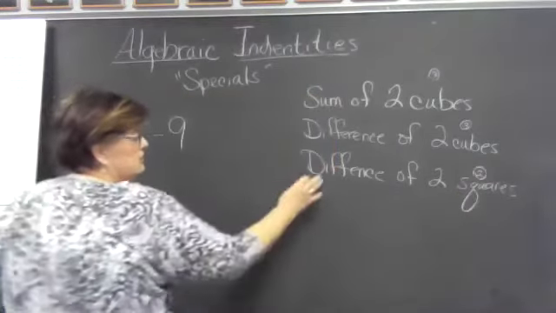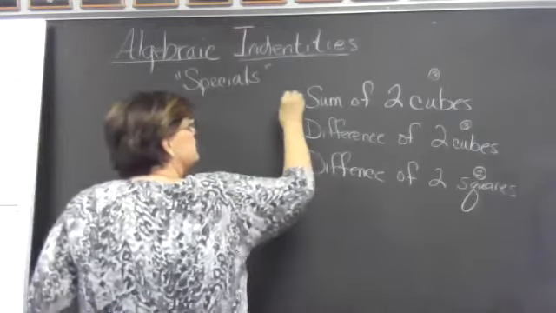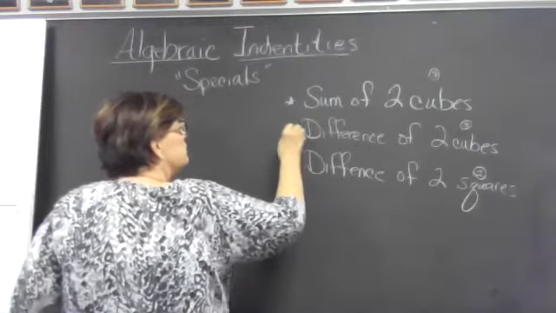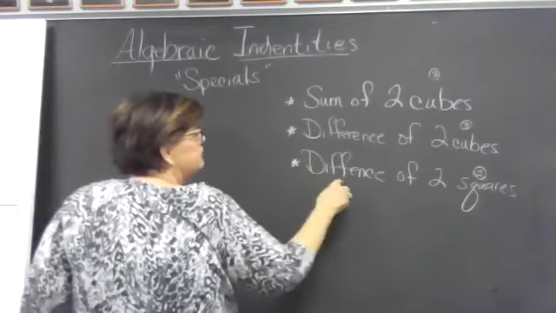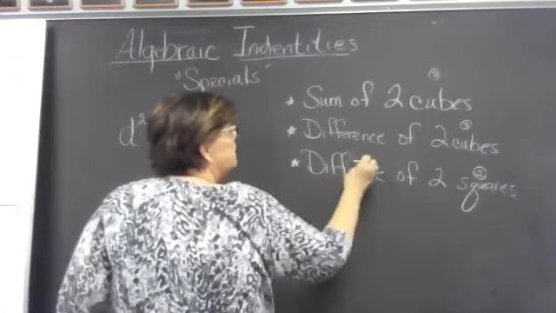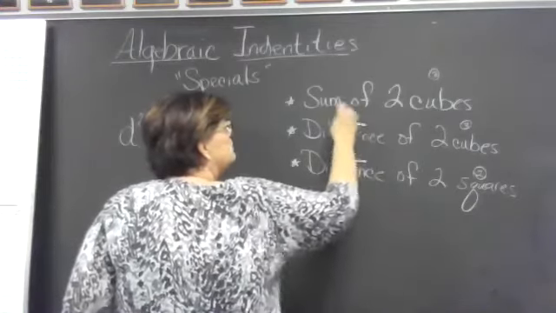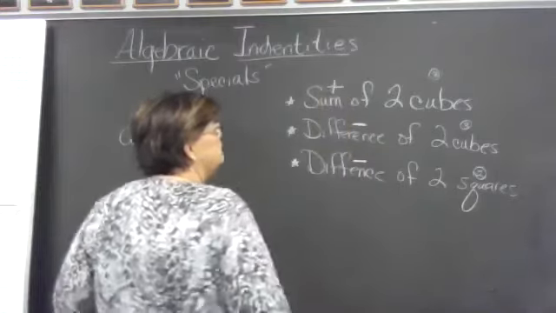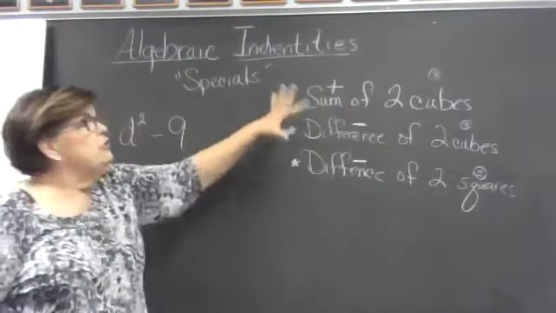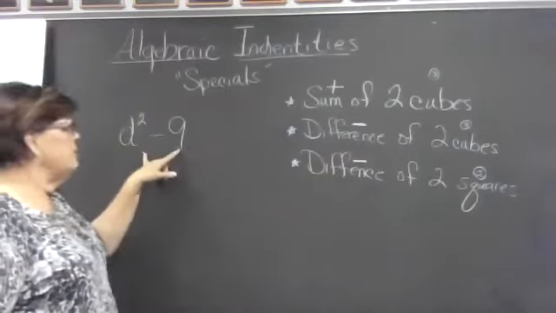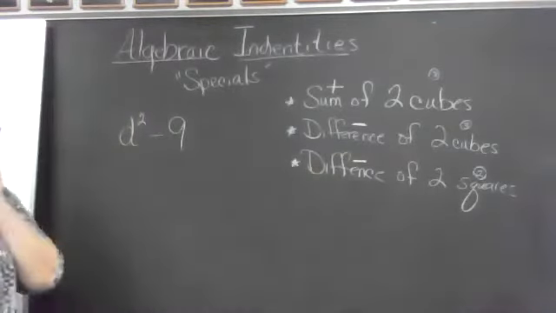Also, this word is important. These are our three specials that we're going to deal with. Difference means subtract. Sum means add. Now this gives you the clues of what this might be and if it might be a special.